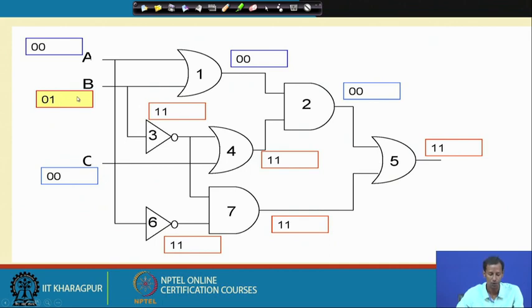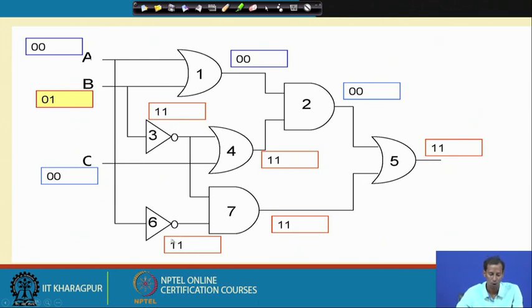B is changed to 1 means what? Initially this was 1. After some time this will be 0, but for that particular time, whatever the gate delay is, it will remain as 1 1.